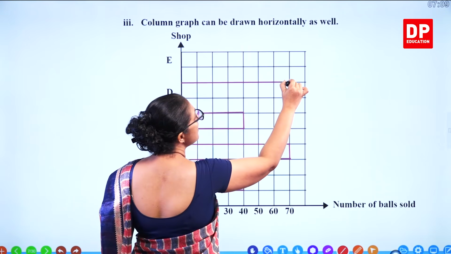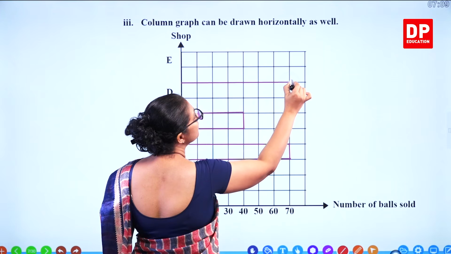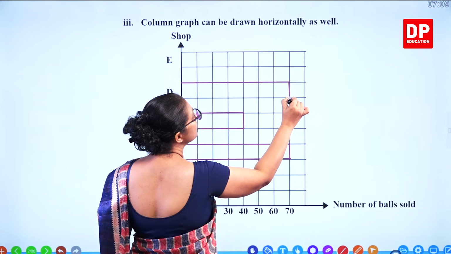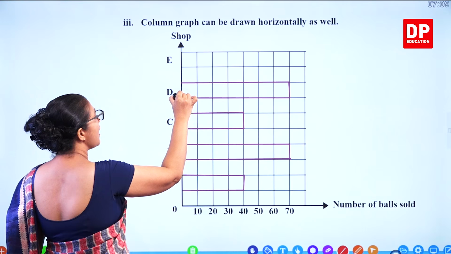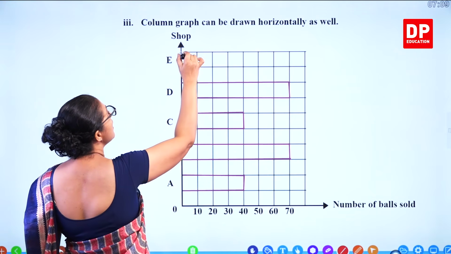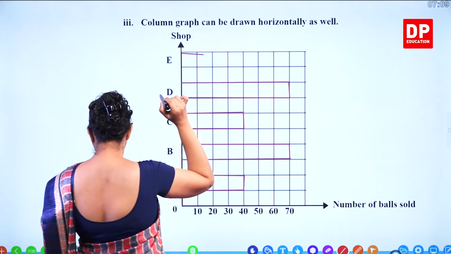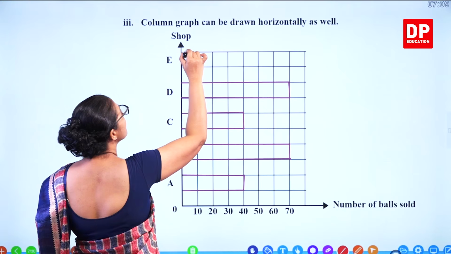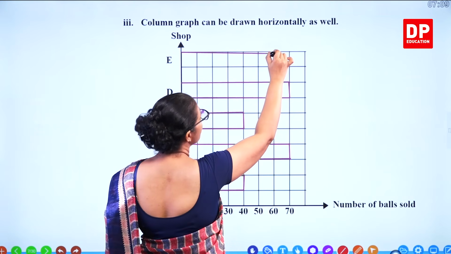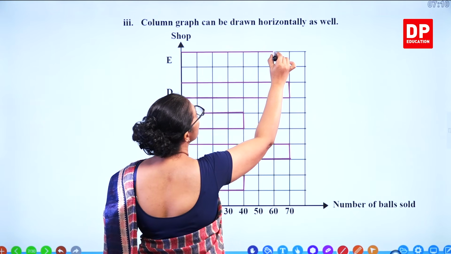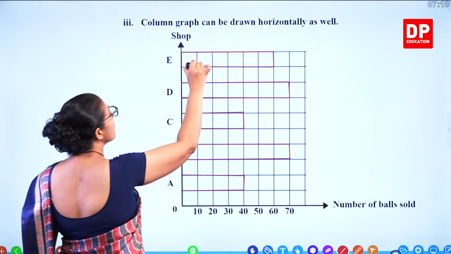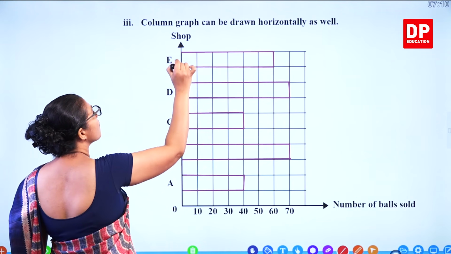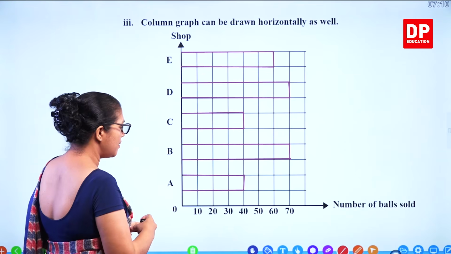Here 70. And for E, that's 60. Now we can put a color.